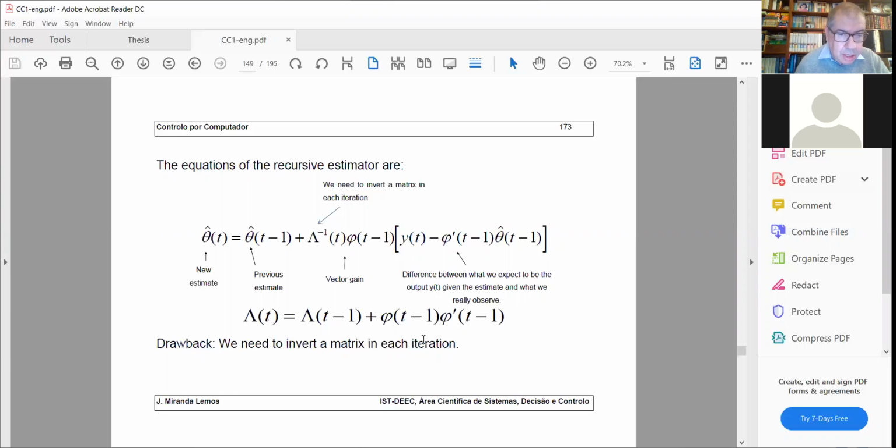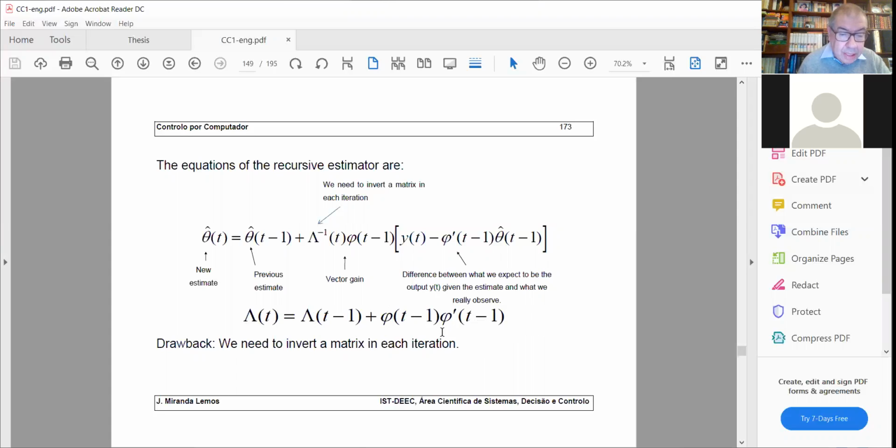Actually, it's written here. You have to invert a matrix in each iteration. Okay? Now, probably we can get rid of this inversion because we know how to propagate lambda, capital lambda, the information matrix. And you propagate in time the information matrix by adding in each step a matrix with rank 1.